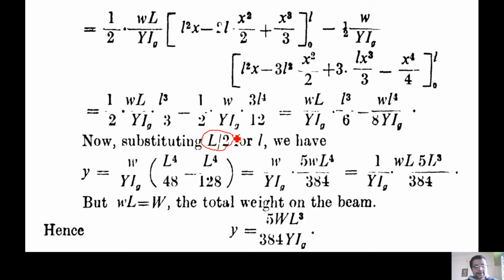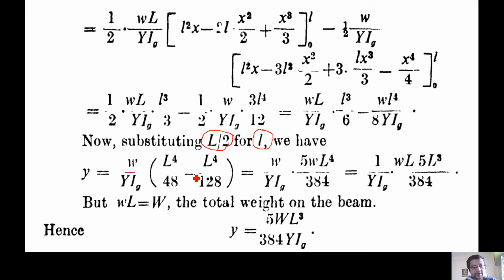Because this is the weight acting on the half portion of the cantilever. So the limits of integration have L equivalent, not capital L, because there are two cantilevers. Because of the uniform loading, this has been divided into two inverted cantilevers.